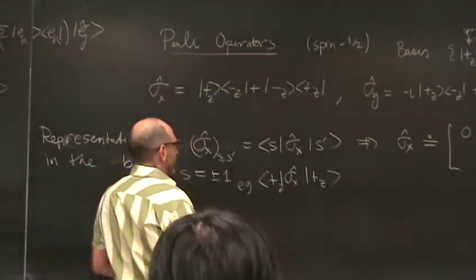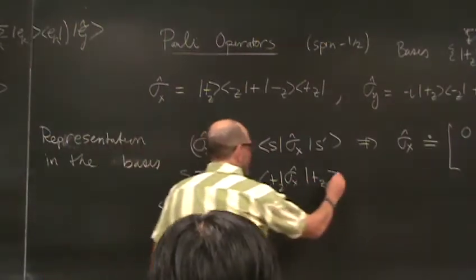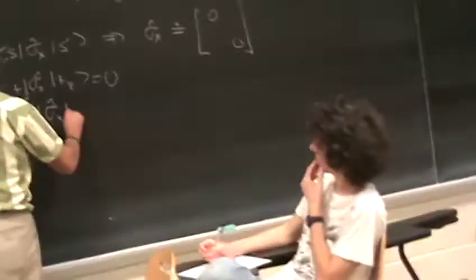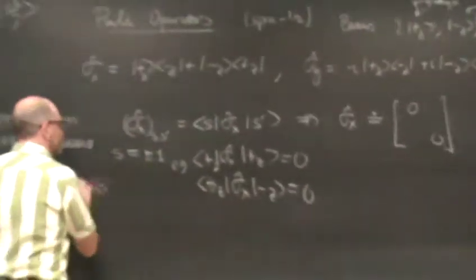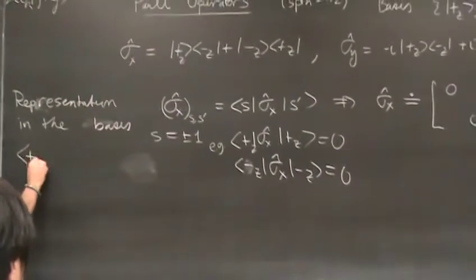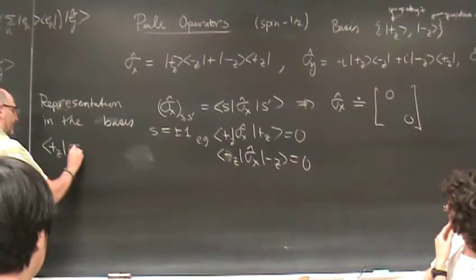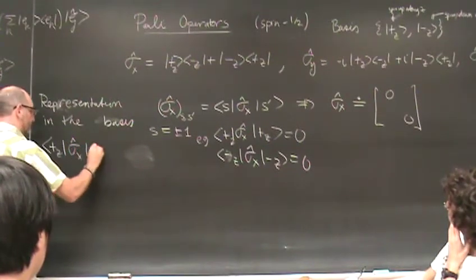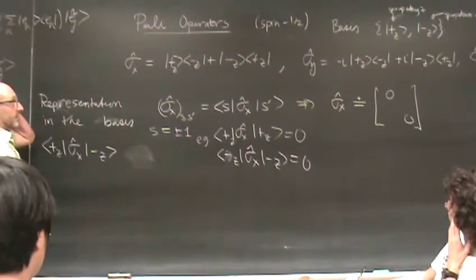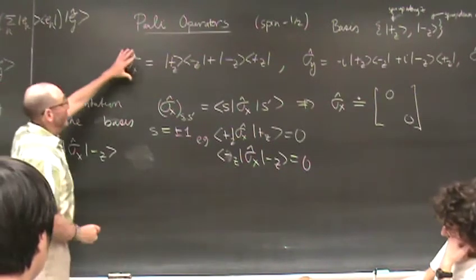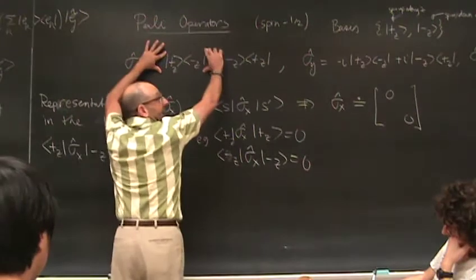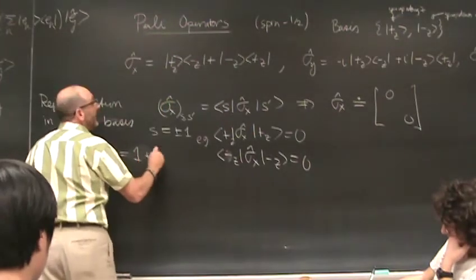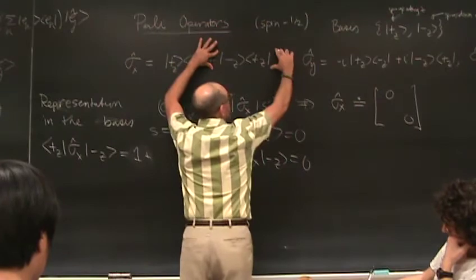Let's look at this one, which is 0, and minus, which is also 0. What about plus, that's row plus, column minus? Let's take a look. I put plus on this guy and minus on that guy, and what is that? 1. And then I put plus on that guy and minus on that guy.